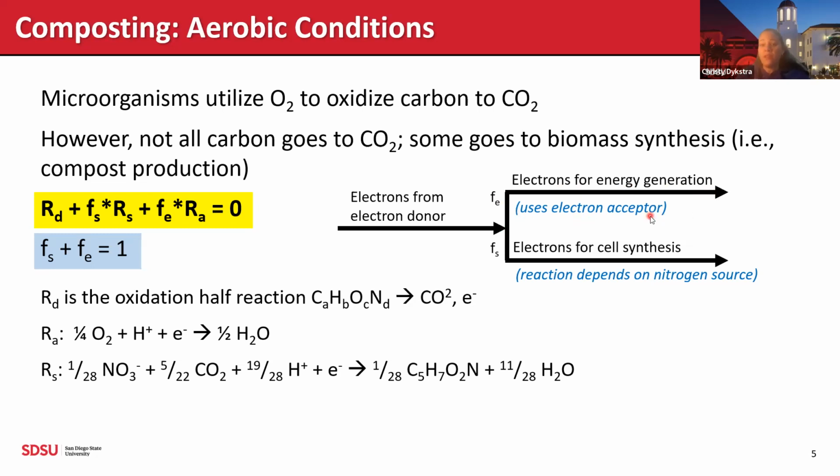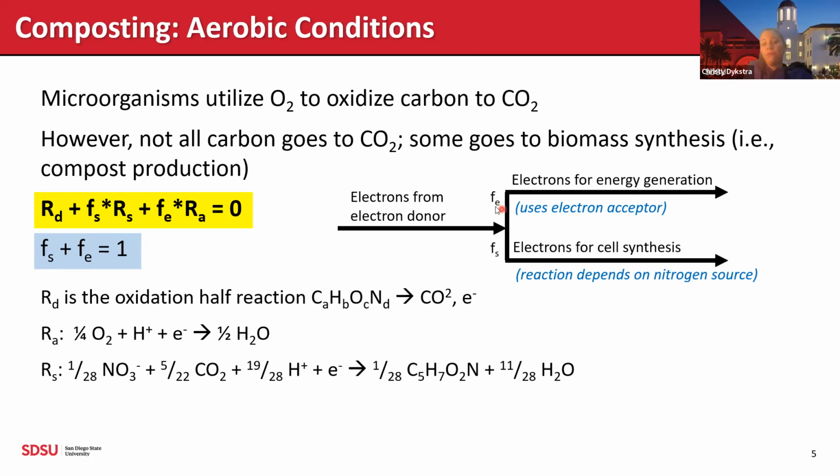So microbes need both energy, to move around and do what they do, right? But they also need electrons to build up their biomass, meaning reproduce. So this is kind of daily life right here, and then this is reproduction.